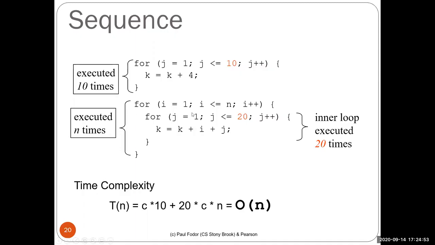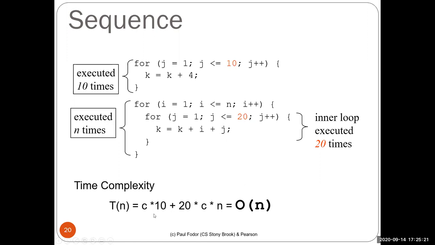That was O of n. The outside efficiency is exactly 10 steps. So if we compute the entire algorithm, it will take basically 10 times some constant, which is to add 4 to k, plus 20 multiplied with the constant time to add i and j to k and assign it back to k. And this is executed n times.